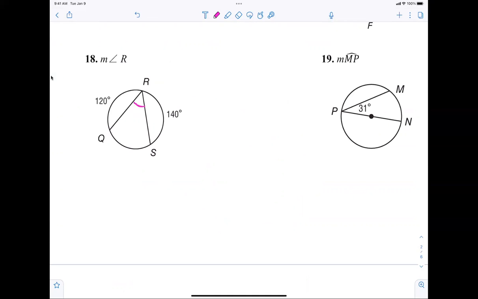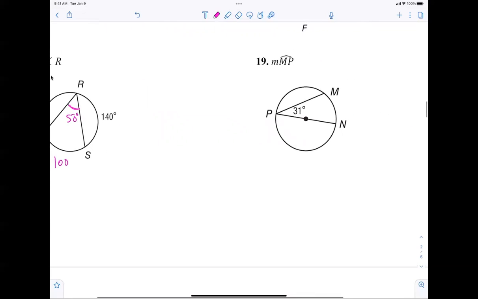Because why? Come on. You add. So what's QS, guys? 100. So this is what? 50. Everybody happy with that? All right. So MP, I'm trying to find this guy from here to here. So let's just do it. Tell me.